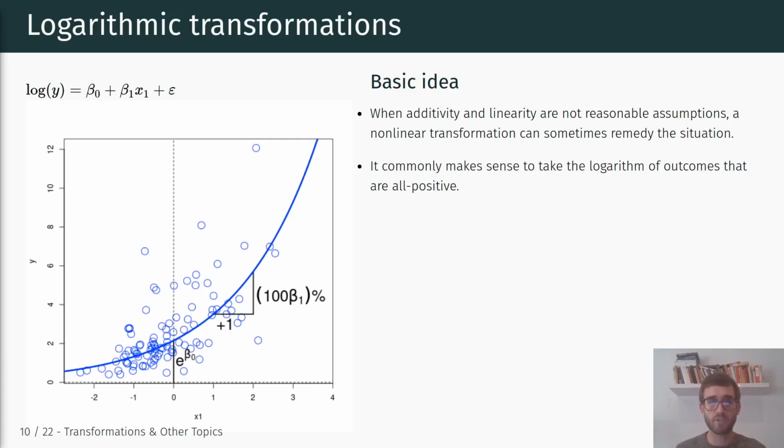If we just model an all positive measure using linear regression, there are no restrictions on our predictions that constrain our predicted values to be only in the positive range, right?